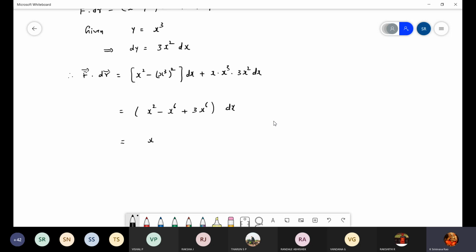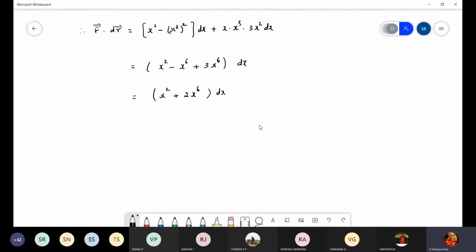Finally this gives x square plus 2x power 6 dx, because it is 3x power 6 minus x power 6, I can subtract now, so that is 2x power 6 dx. Now integrate, it is RHS involving only one variable, that is x.